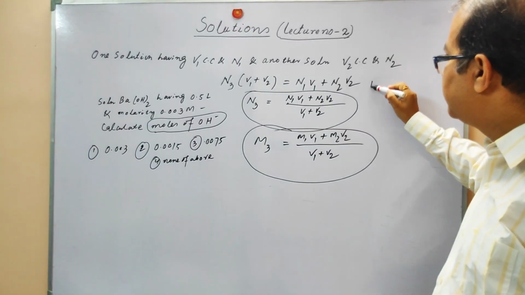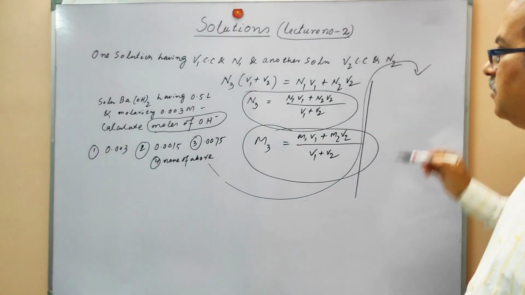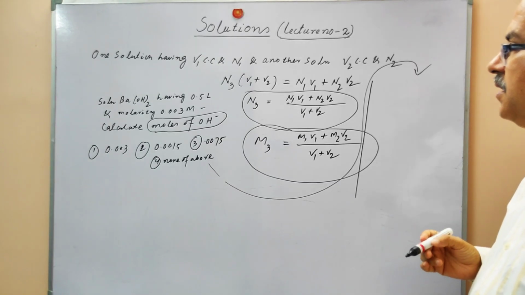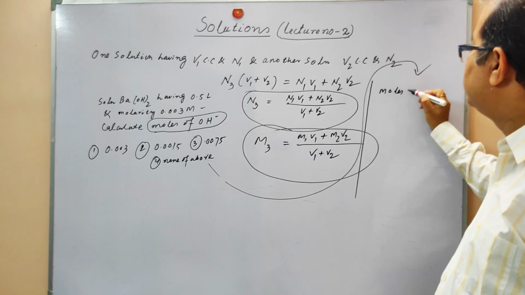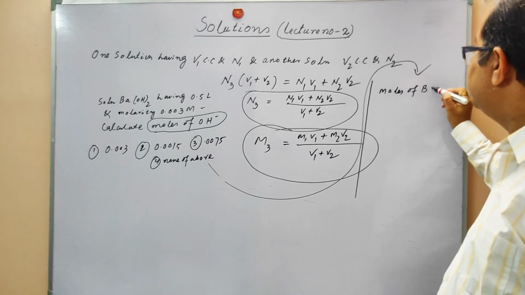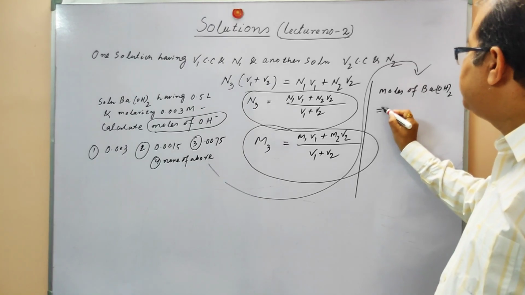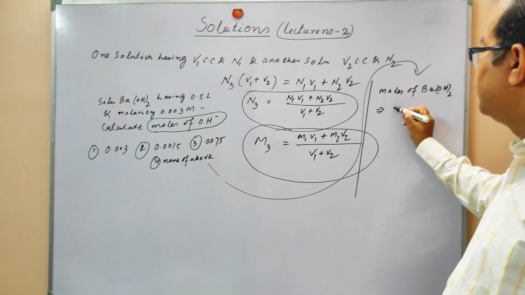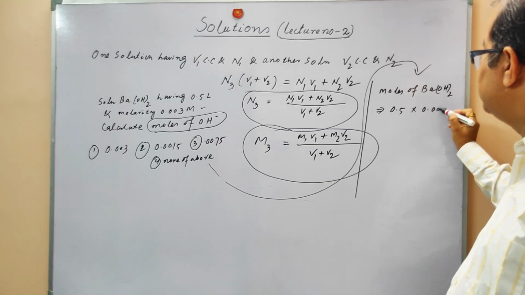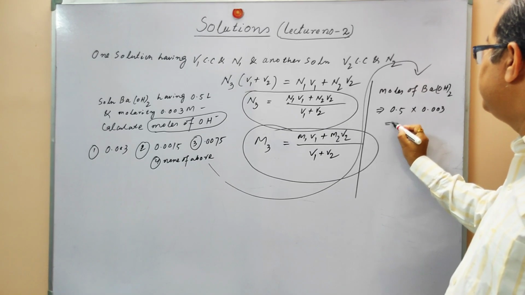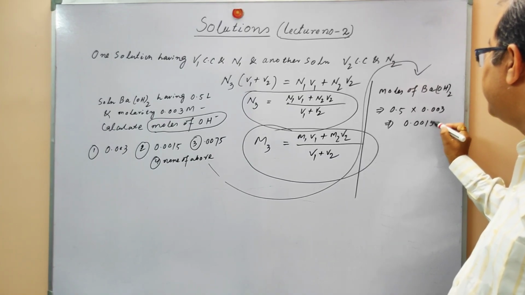How do we calculate? Let us see. For that, you first have to find out the moles of Ba(OH)2, and that is very simple: 0.5 into 0.003, which comes to around 0.0015 moles.